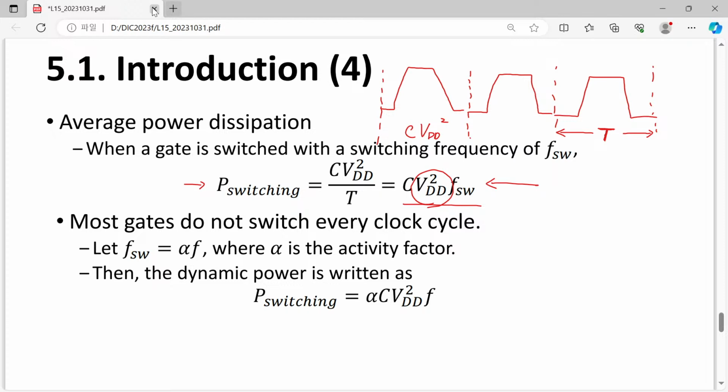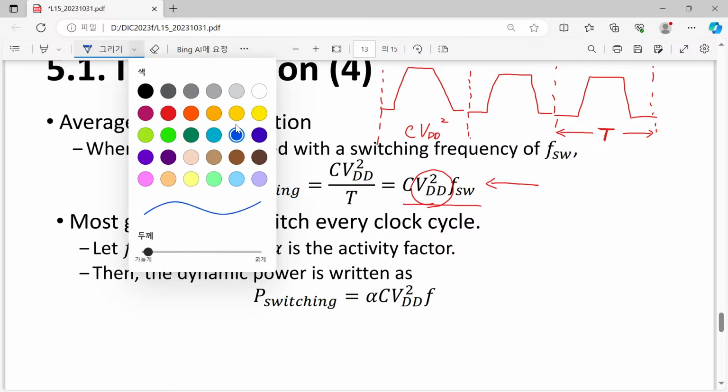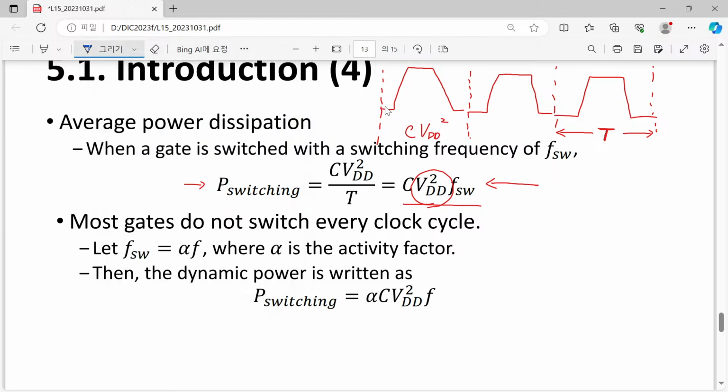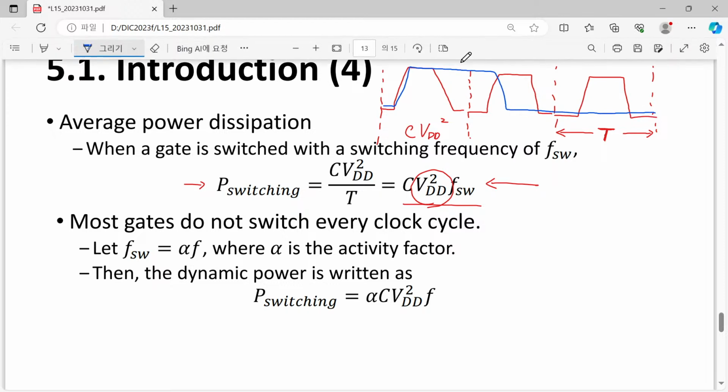But now let's think about another signal, the blue one, which I will write down in blue. Let's say we have this kind of thing. Can you see this blue one clearly?